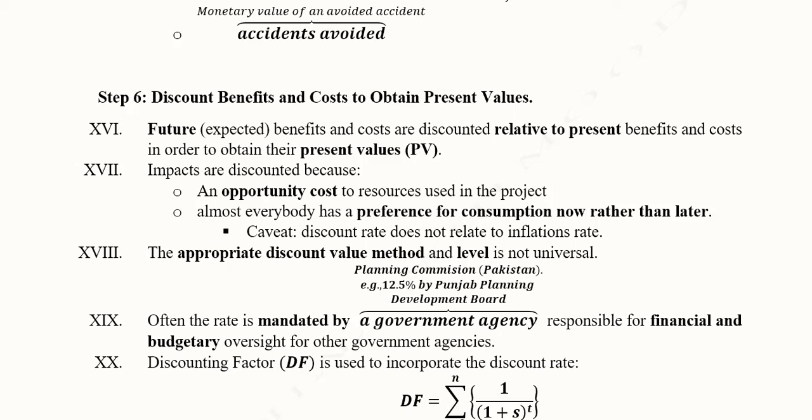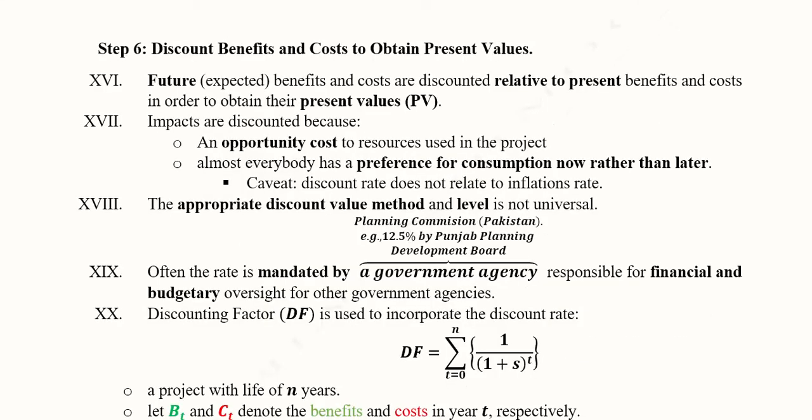So these are two major reasons due to which we do the discounting. Now the value that we get after discounting should be called the present value, because it is the value from the present point of view, that is now.